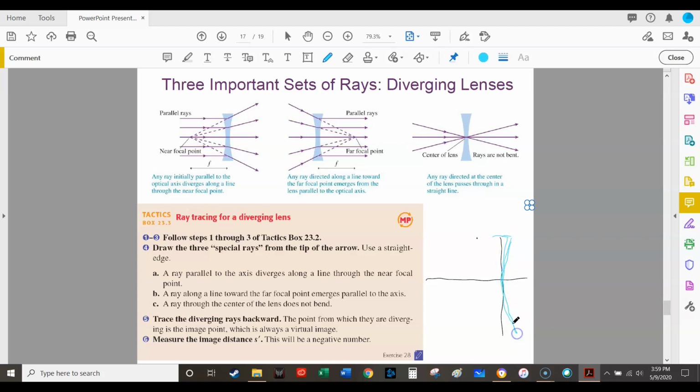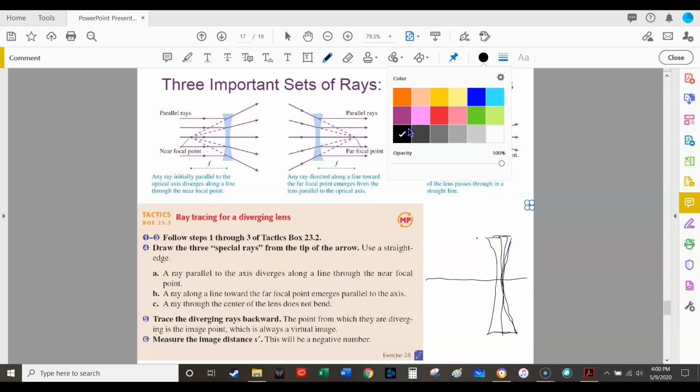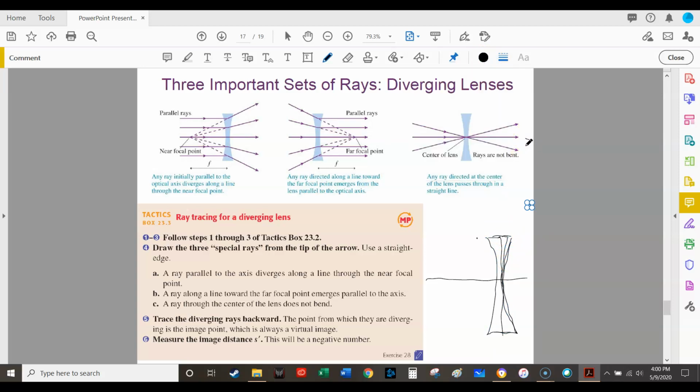Double concave lens. And there you go. I'm going to emphasize that center of the lens line, just like we did before. So this is the center of the lens, or that's supposed to be the center of that horribly drawn lens.